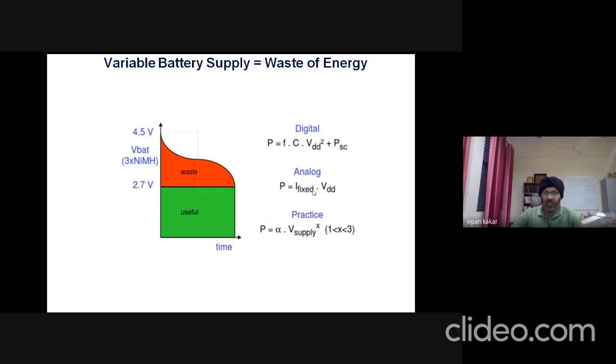And in analog circuits, simply the supply voltage multiplied by the load current in the circuit gives us the power consumed or power dissipated. And in practice, simply VDD multiplied by the probability of operation, the probability of switching, let's say, how much time this circuit will switch from 0 to 1 and vice versa. So what is the probability of that particular circuit?